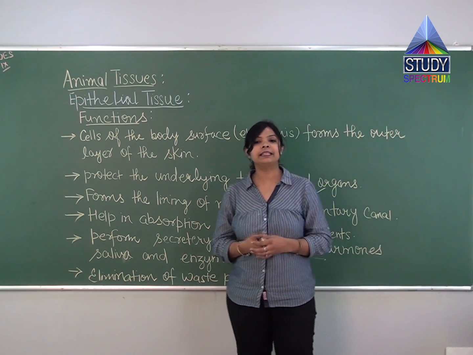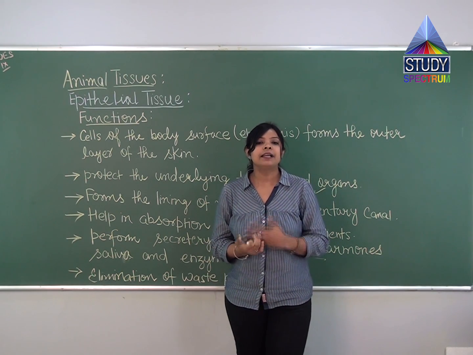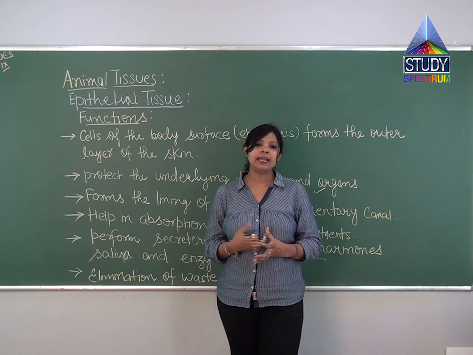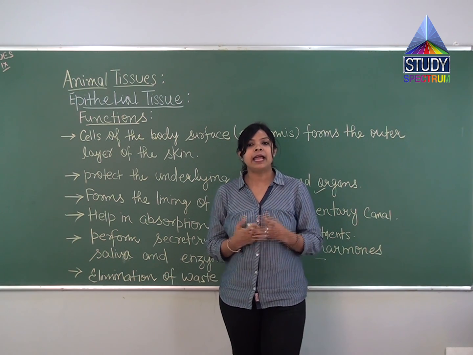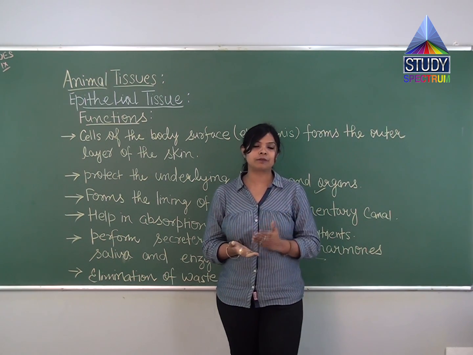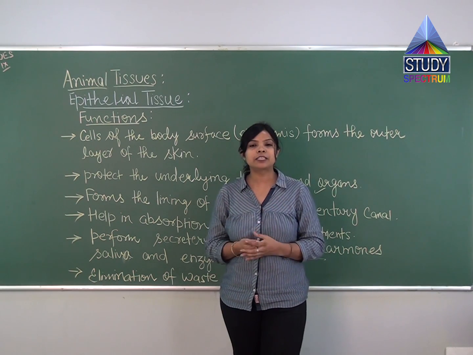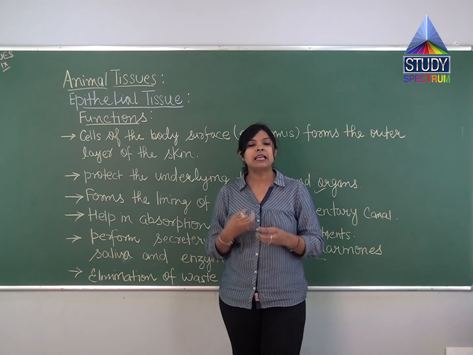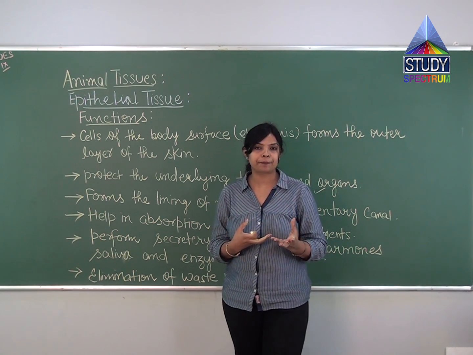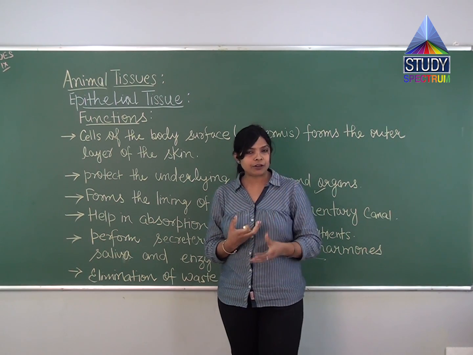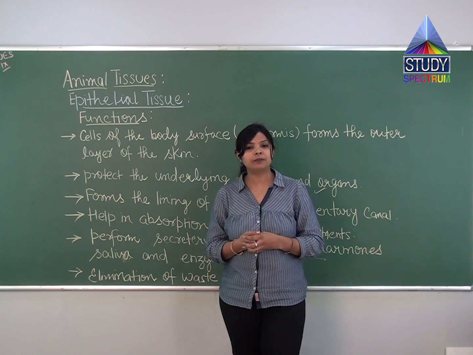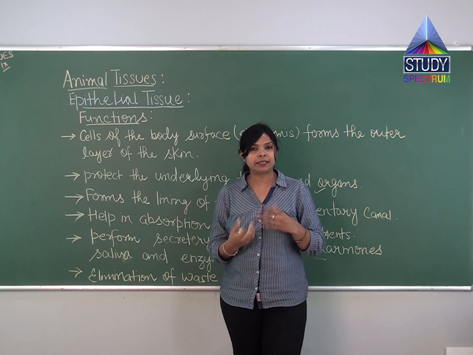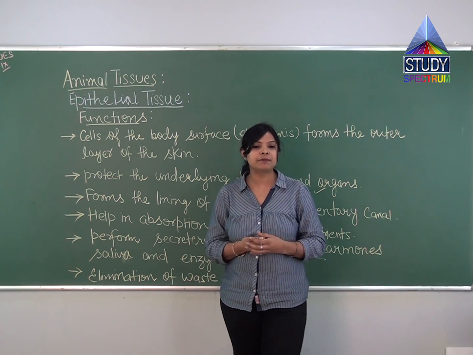So what we can say is that it helps to regulate the exchange of materials between the body and the external environment, and also between different parts of the body. What is actually its role? It helps in the exchange of different materials, like sweating, or we absorb oxygen from outside the body, or if you got hurt and we put something on it, it absorbs all these materials.